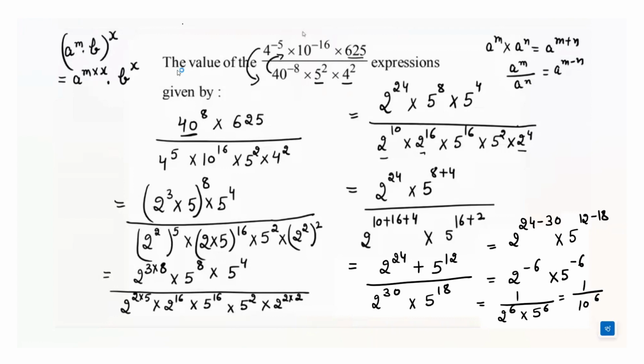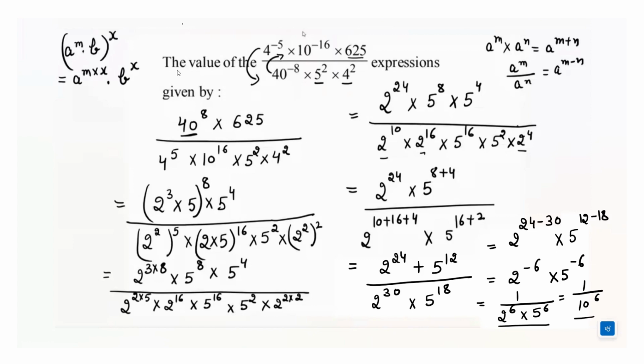So if you want to keep your answer like this, you can. But if you have to calculate the answer with multiple choice options and the option is 1 over 10 raised to power 6, then this is the answer.